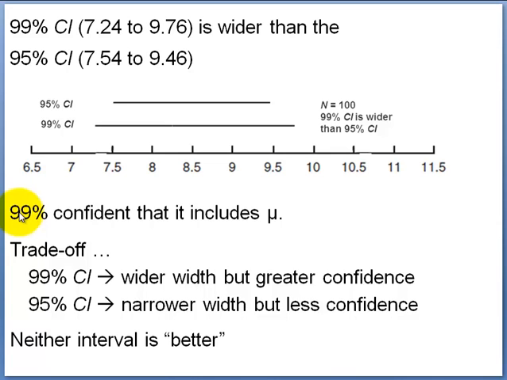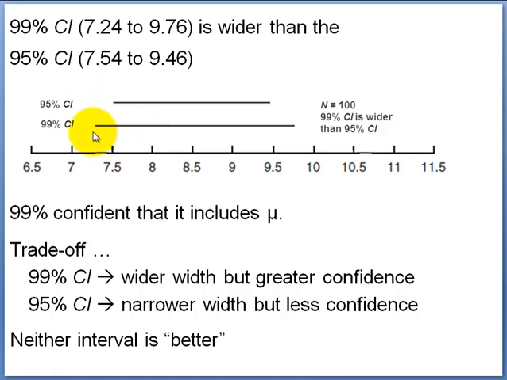But the notion is, if you want to be 99% confident that the range that you're specifying includes the population mean, you've got to build a wider interval. And so you've sort of got a choice here. Do you feel 95% confidence is sufficient, in which case you can build the smaller and, in a sense, more precise interval, but you've only got 95% confidence that the population mean is in that range?